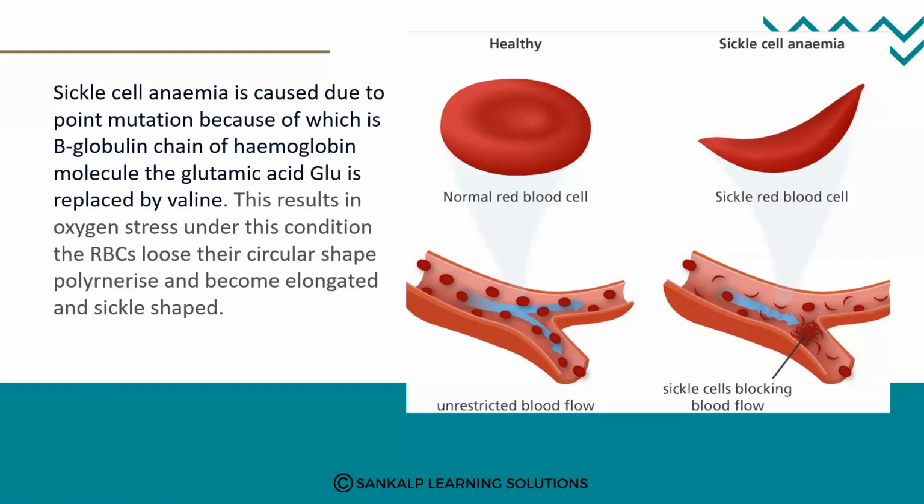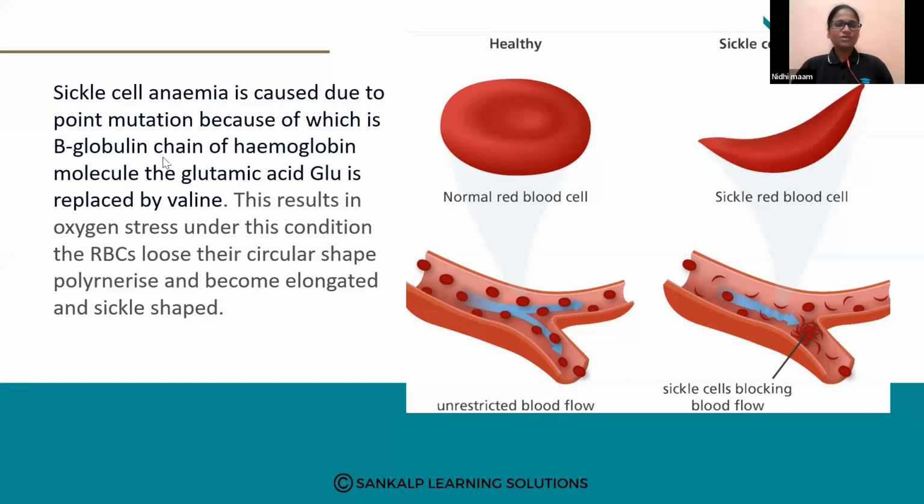This results in oxygen stress. Under this condition, the RBCs lose their circular shape, polymerize and become agglutinated and sickle shaped. Thank you, Swati. May I know your college name? Government College Tekkalakote, in district Ballari.